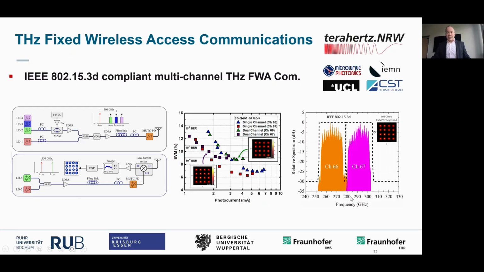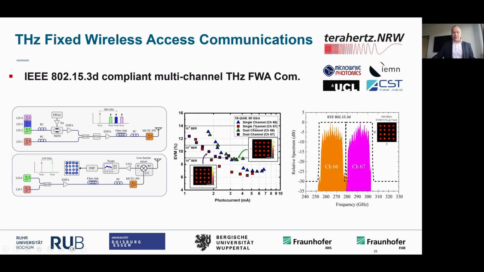You see the frequency bands here for the wireless communications. The dashed lines basically show you the limitations that you need to keep if you want to be compliant to this standard, and you see that all our spectra are within this dashed line, so we are compliant to the IEEE standard.